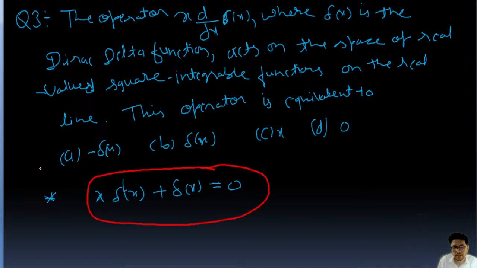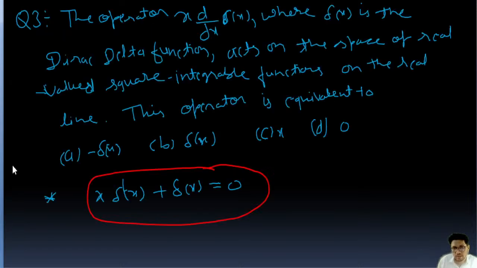From here, x delta prime(x) is going to be minus delta(x).